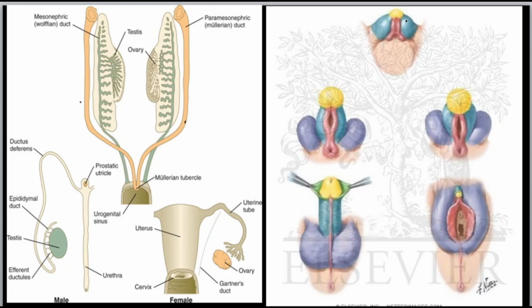Now the derivative structures at the indifferent stage: this is the genital swelling. This is the genital tubercle. This is the urethral or genital fold, and this is the anal membrane. These structures give rise to male and female genitalia.